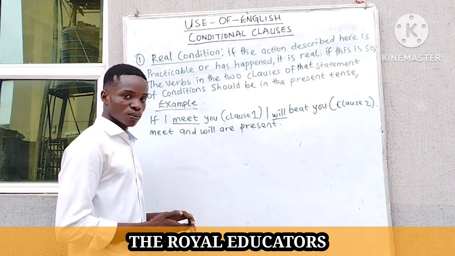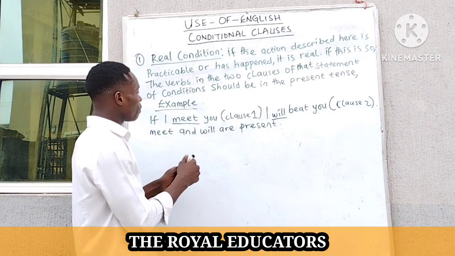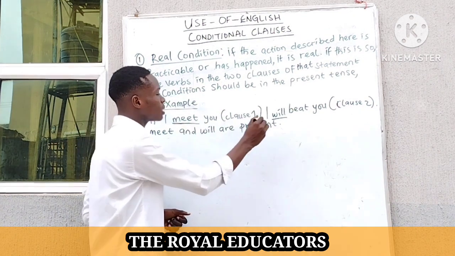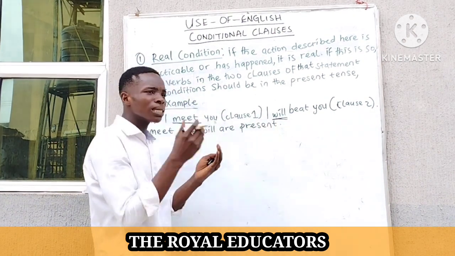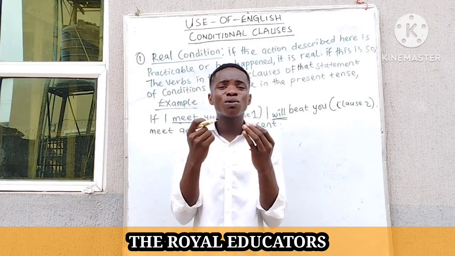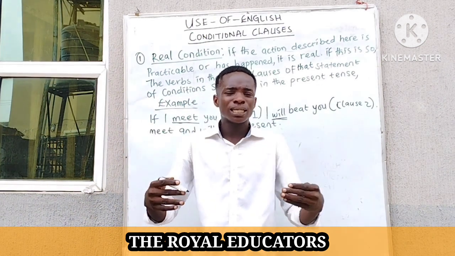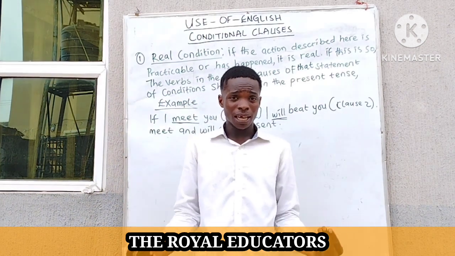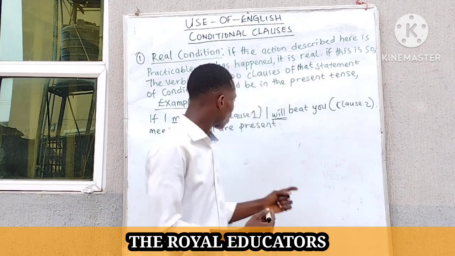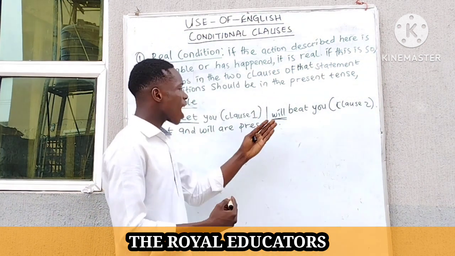Having a present tense here and a present tense here makes this condition real. It makes it look like it can happen if it is to happen. So we have, if I meet you, I will beat you.